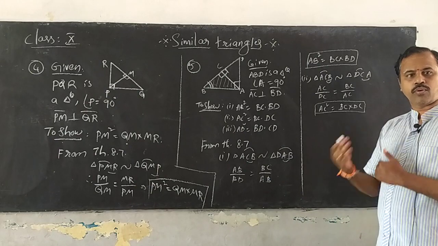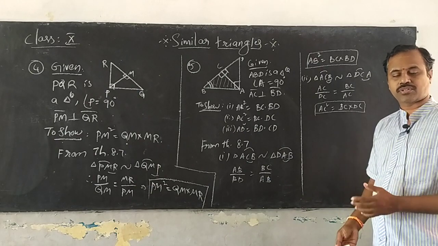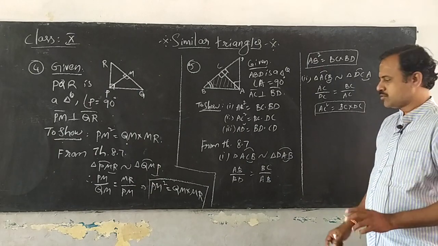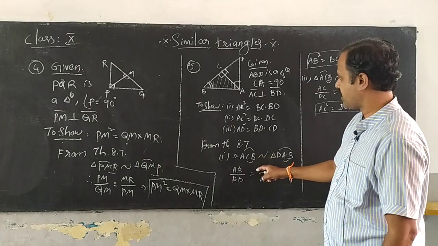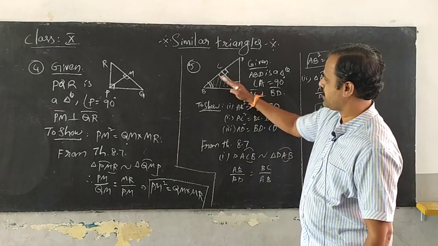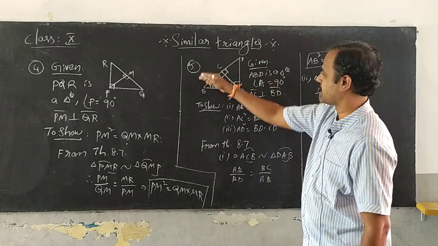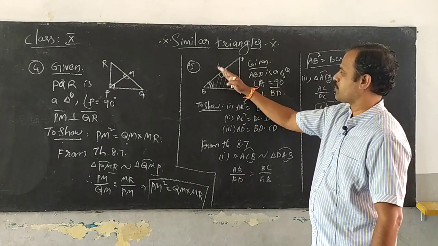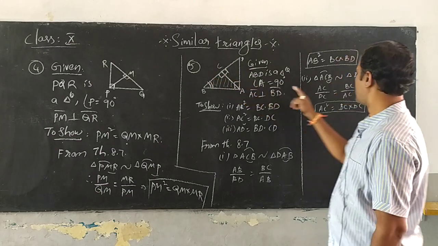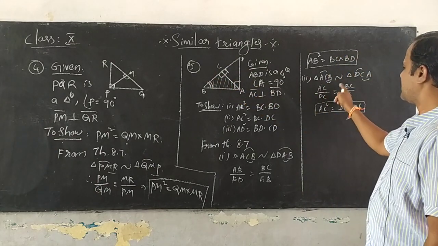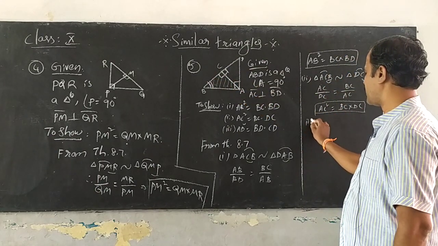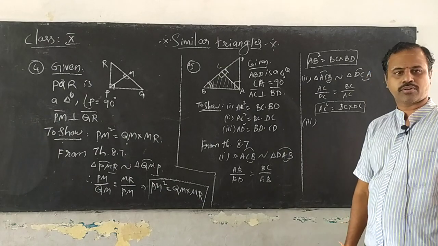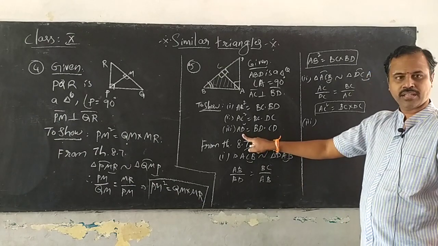Which triangle we have to select is most important. As we wanted AB square, we selected AB in the small triangle and the total triangle. Similarly, I want AC square, AC is in the middle, so we selected the two small triangles. Coming to the third one, AD square.